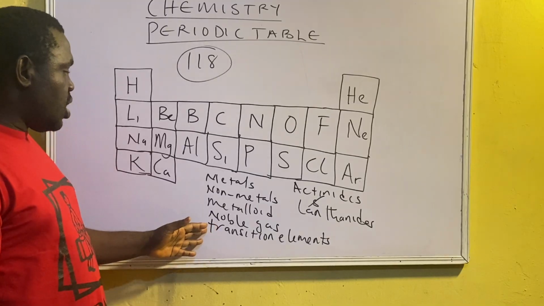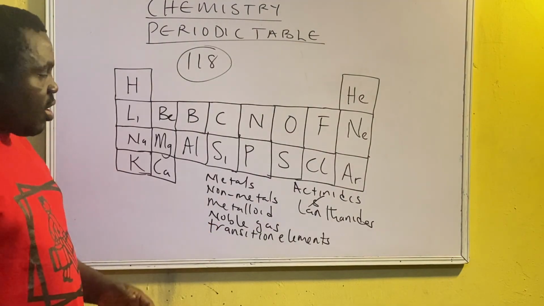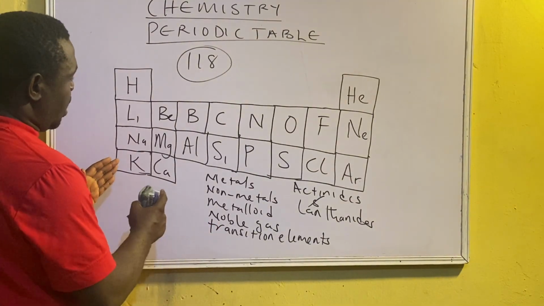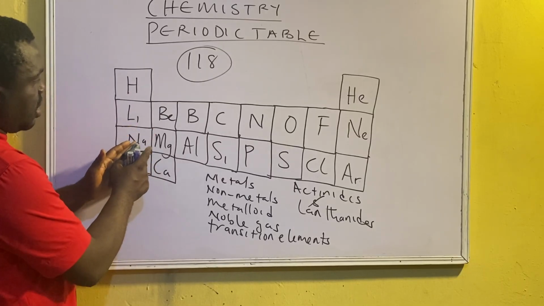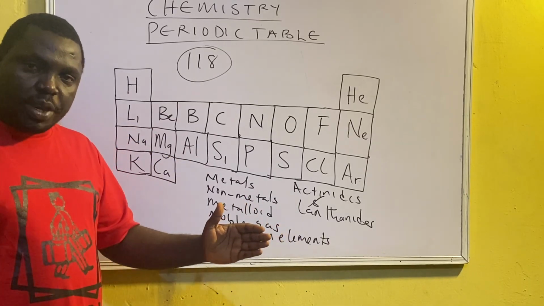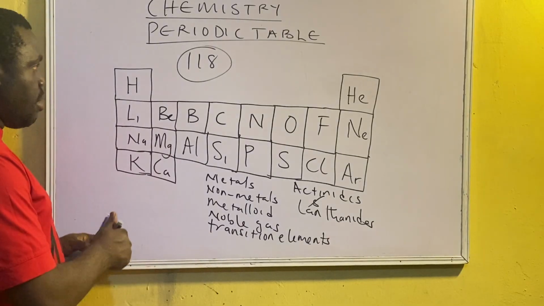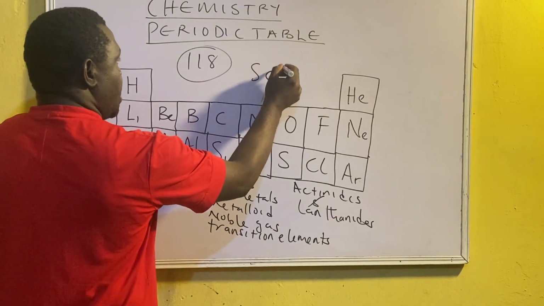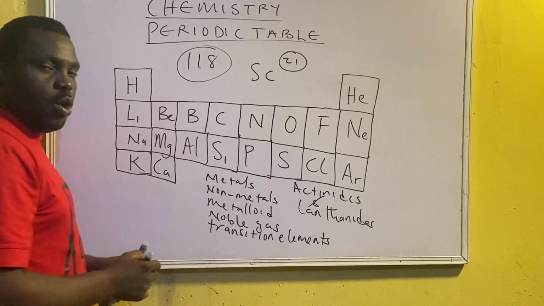The transition elements are not here. They are the ones in between the group 2 elements and the group 3 elements in the periodic table. It begins with a particular element called scandium, which has atomic number 21.